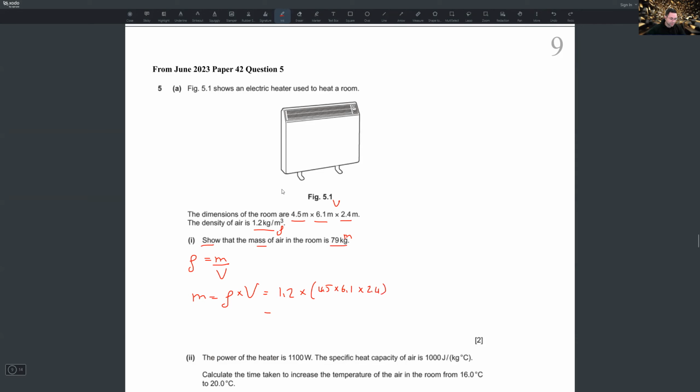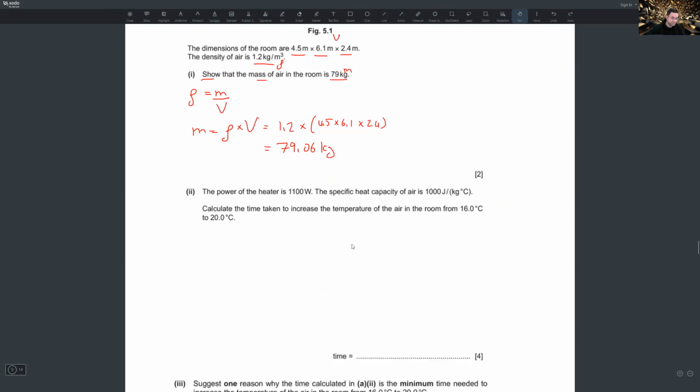For questions that ask you to show, you have to write the working down in sequence, in order. Some people are messy when they do the working, even if their answers are right. Try not to be messy with show questions. The answer is 79.06 kilograms. He wants us to show that it reaches 79, and it reached 79. We're going to use 79 or 79.1.